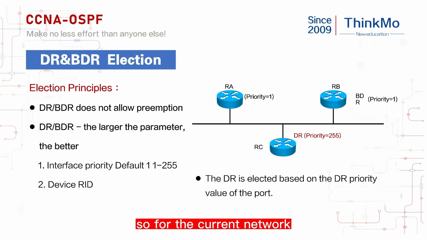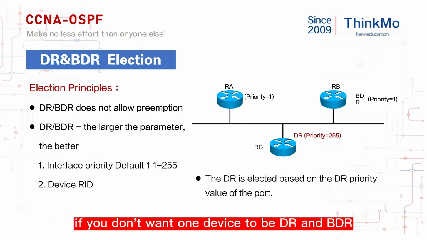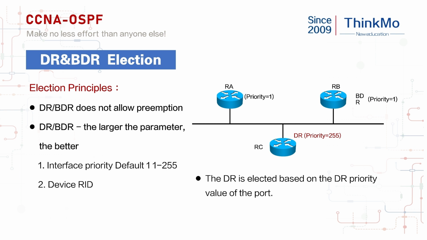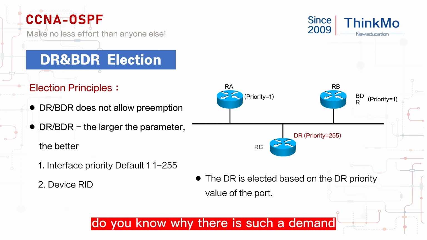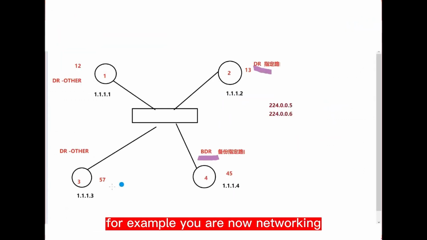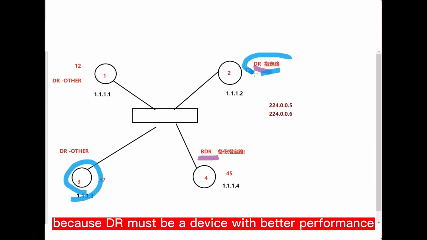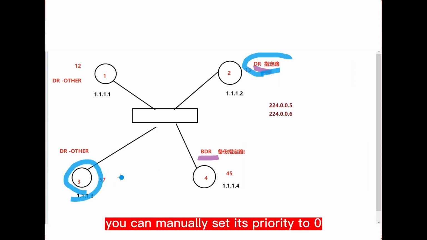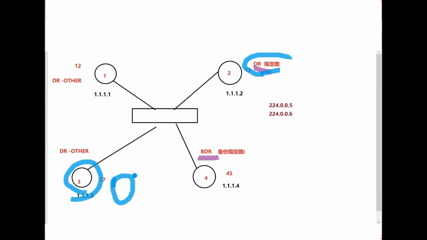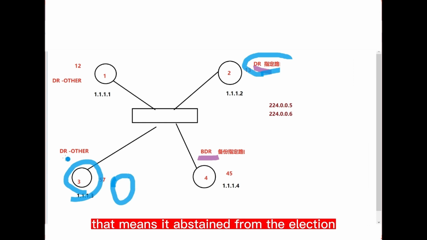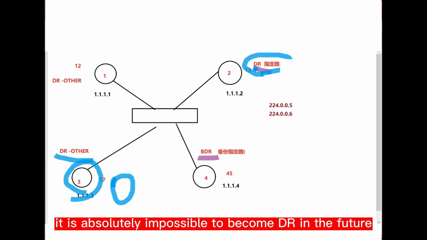For the current network, if you don't want one device to be DR or BDR, do you know why there is such a demand? For example, you are networking with these 4 devices, and this device is terrible. You don't want it to be a DR, because DR must be a device with better performance. You can manually set its priority to 0. That means it abstained from the election and is absolutely impossible to become DR in the future.